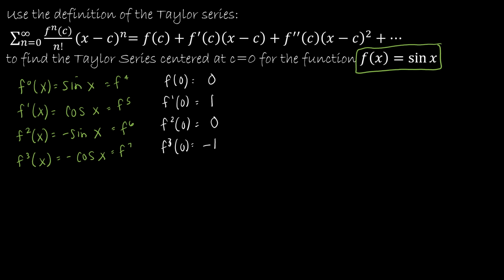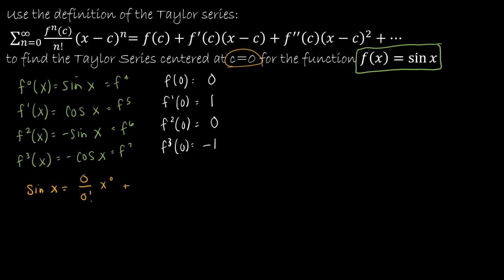So just as we have in our last examples, I can say f of x, or sine of x, is equal to 0, and then again c is 0, so it would be 0 over 0 factorial, and then x to the 0.